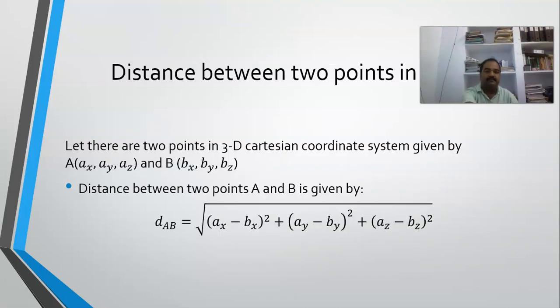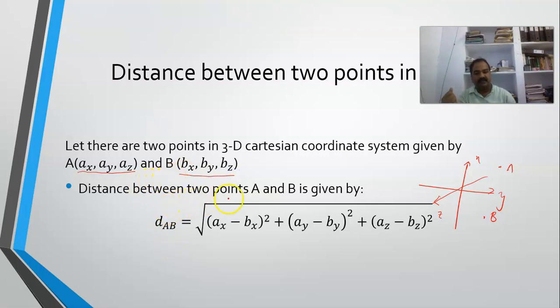And next is determining the distance between 2 points in space. Now let us suppose this is the x, y, and z space. There are 2 points, one is A, the other one is B. Point A is given by the coordinates ax, ay, and az in the 3-dimensional space, and B has these coordinates.